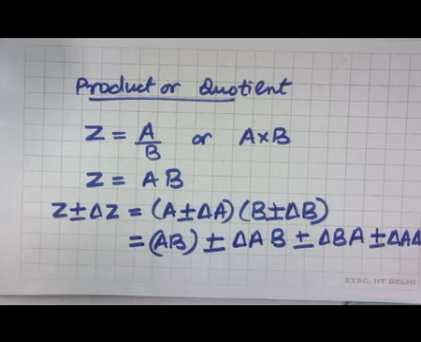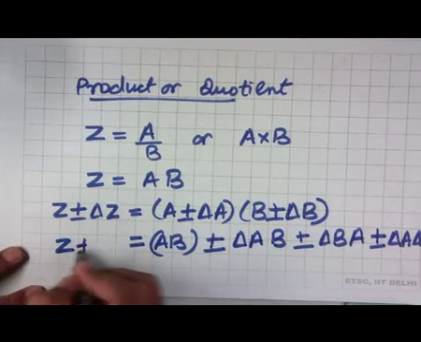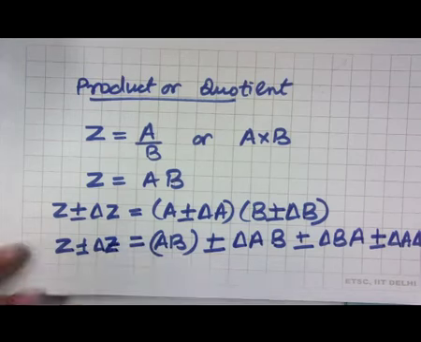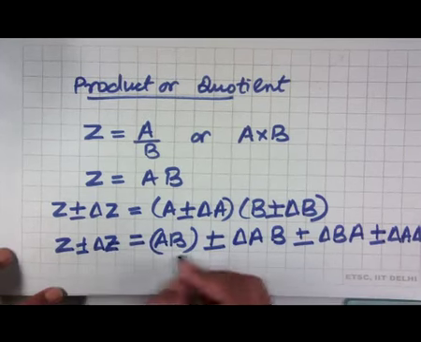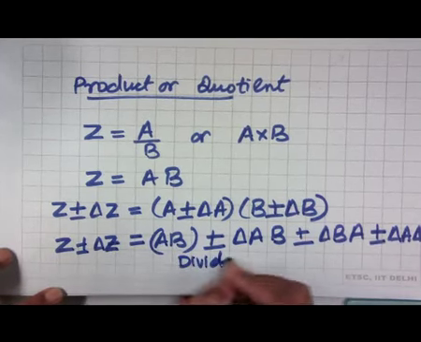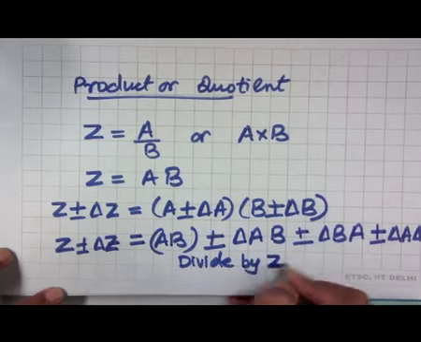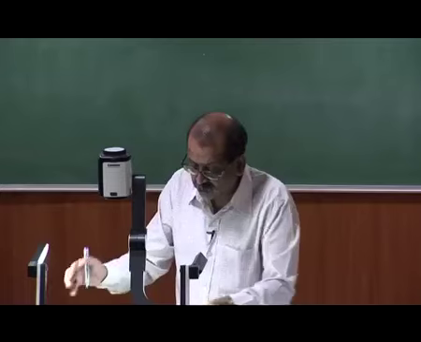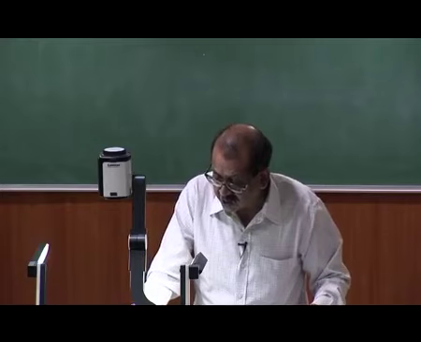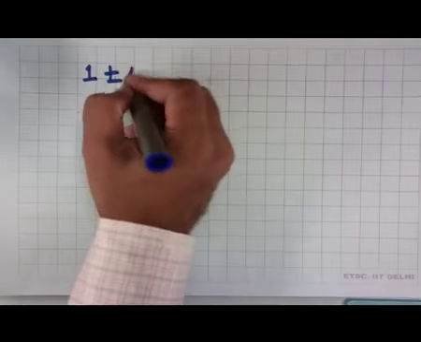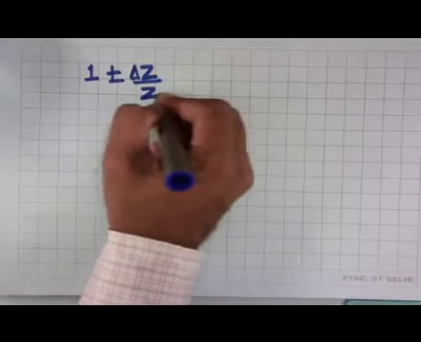And here what we do is we divide everything by z. We divide the whole expression by z. So, when we do that, what we will get is 1 plus minus delta z by z.